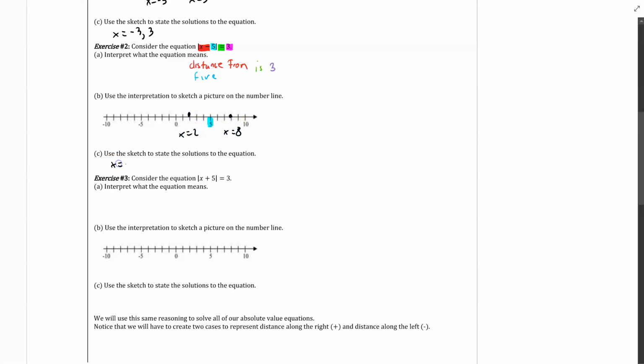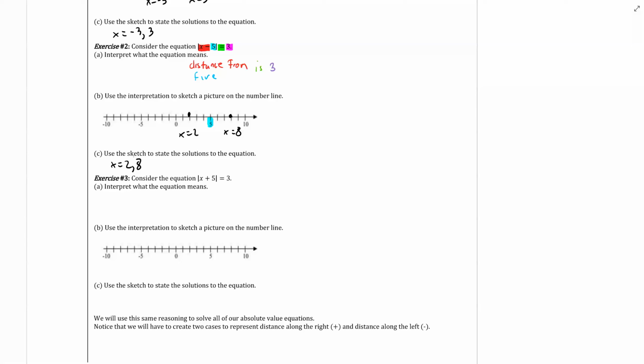So our solutions are 2 and 8. So the big takeaway from exercise 2 is to understand that we want the minus sign, since that's how we define distance. You might be tempted to make your center at negative 5 because you see the minus sign, but it's actually the opposite sign, positive 5.